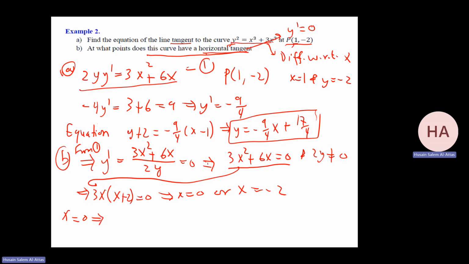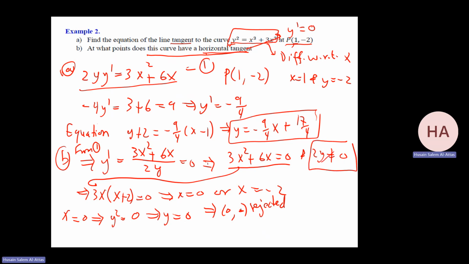Substitute here, because this is the equation of the curve. So y squared equals 0 plus 0, equal to 0. So y equals 0, so the point is 0 and 0. But this is rejected. Why? Because I have this condition. So I will not count it.